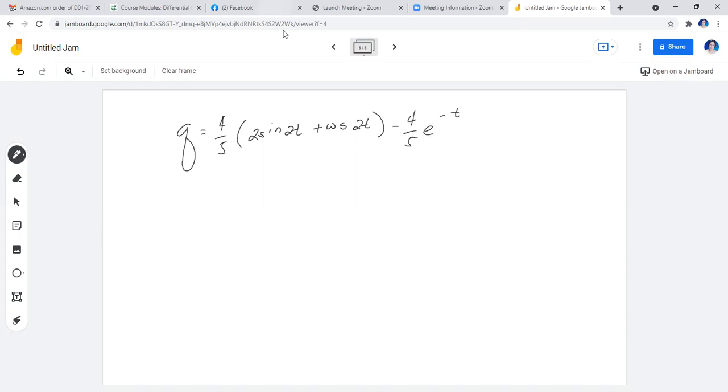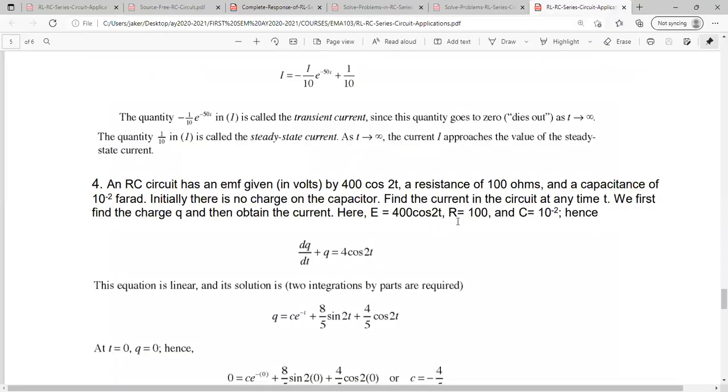But the problem, class, is not asking for the formula for the charge in the capacitor. What it is asking actually, if I go back to it, is the current. You find the current at any time t in the circuit.